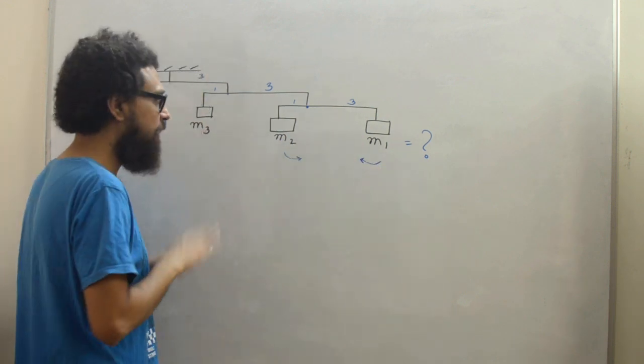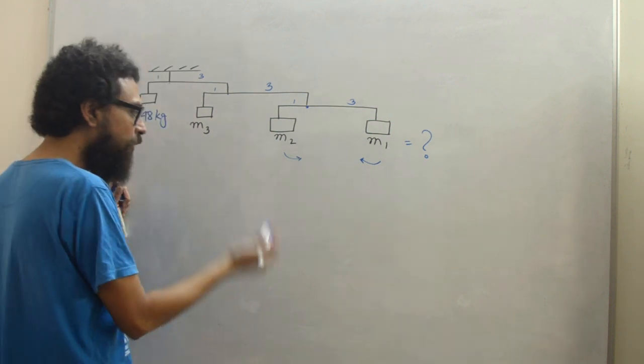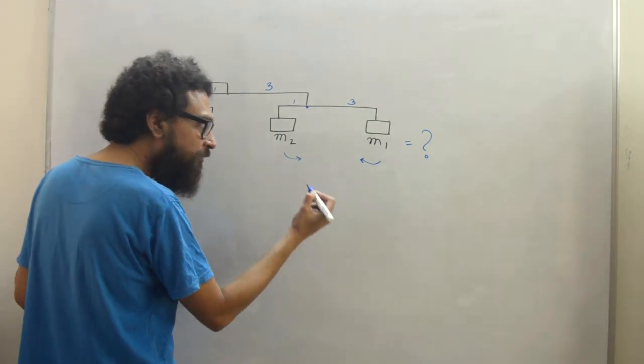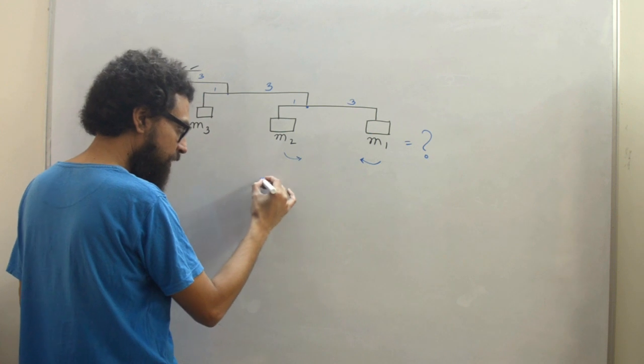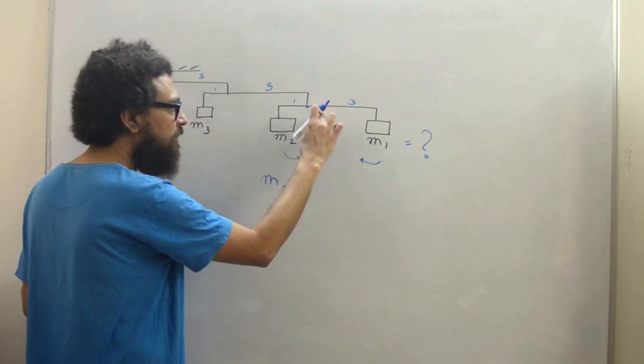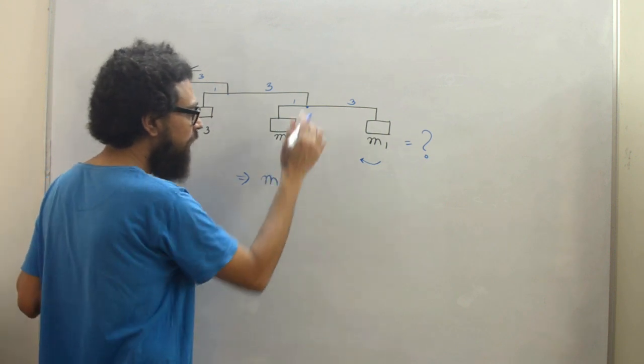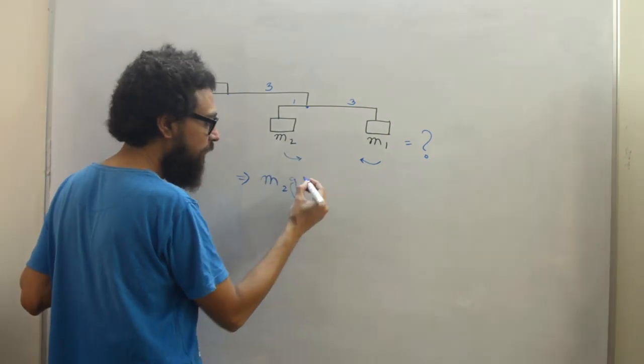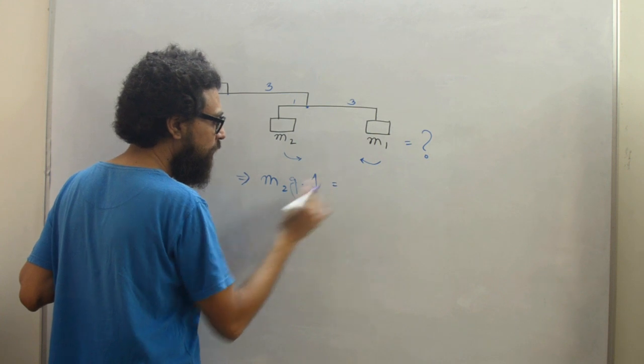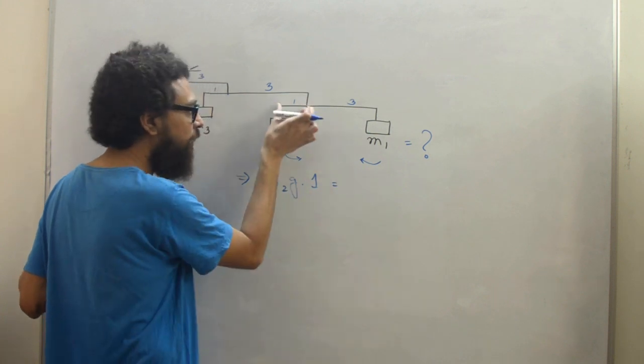Sure? Great. So what am I going to write? I am going to write the very simple thing. For this section, M2 into G, that is the weight, is equal to moment of force into perpendicular distance.